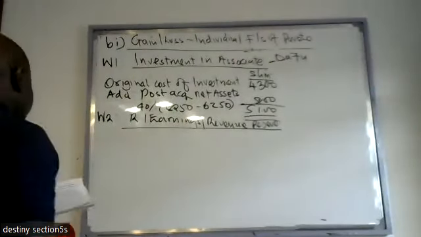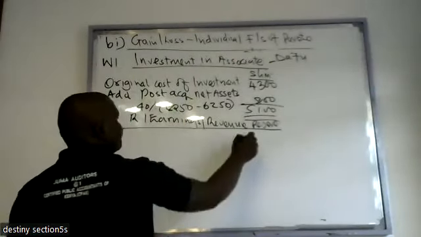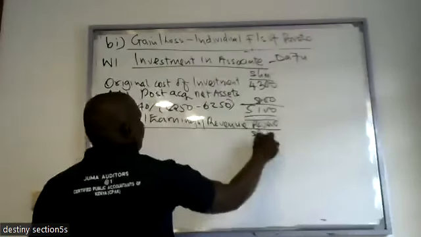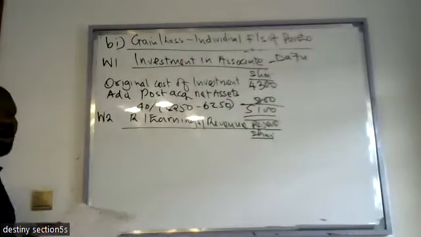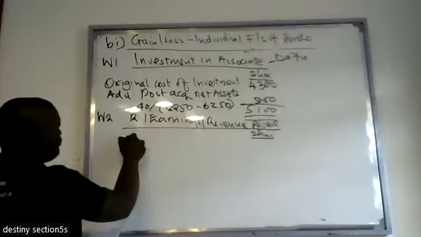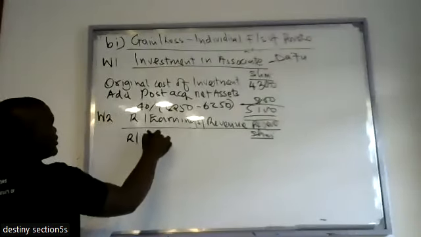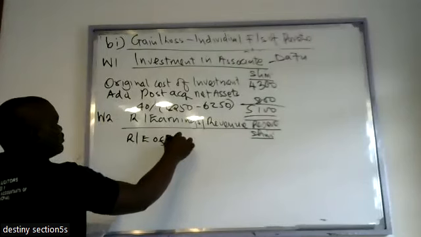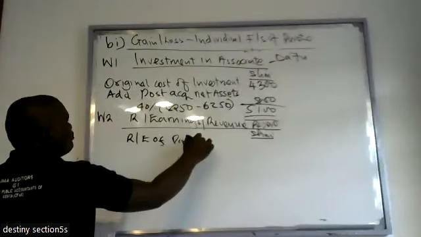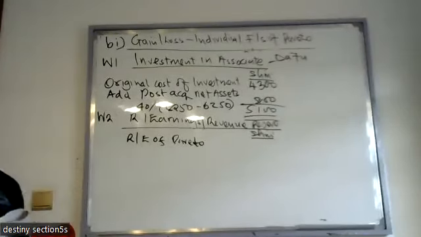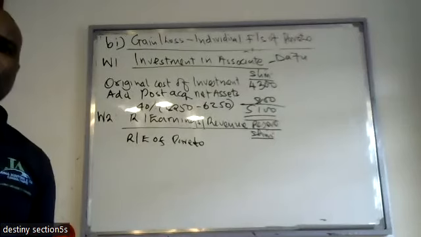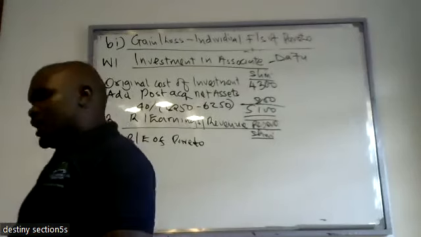So we start. You go and bring the retained earnings. So retained earnings of Pareto. Check balance sheet.